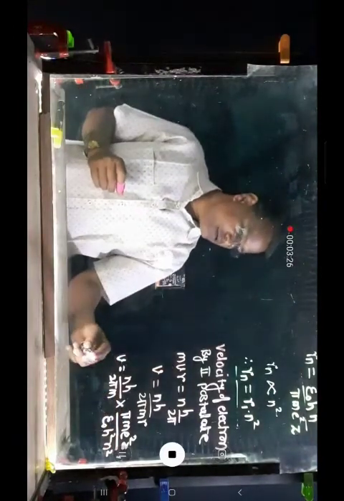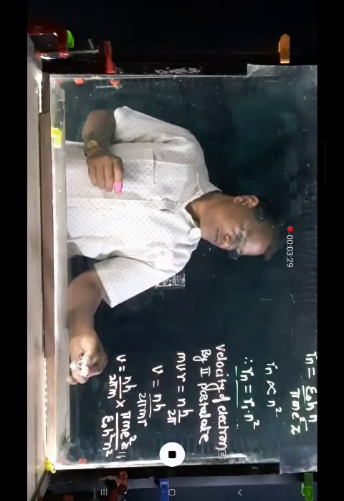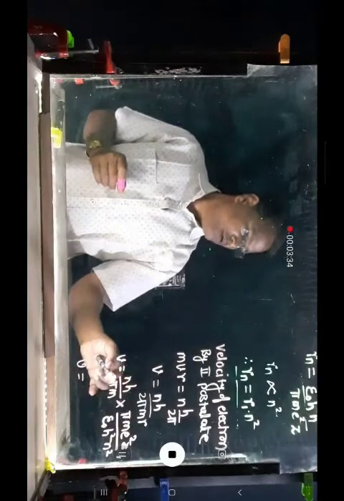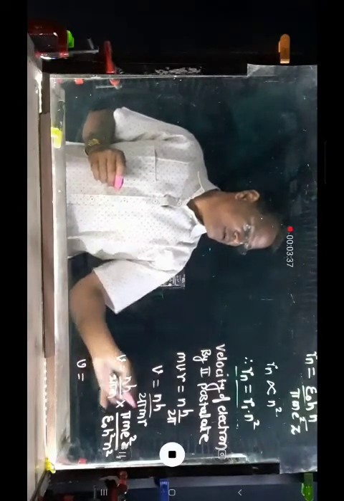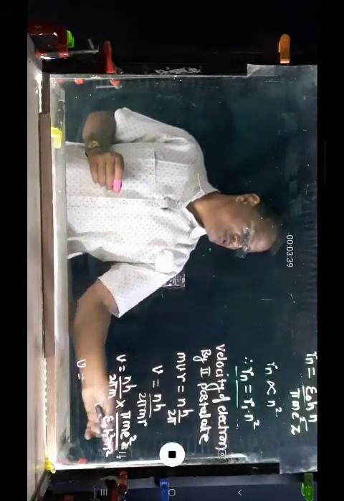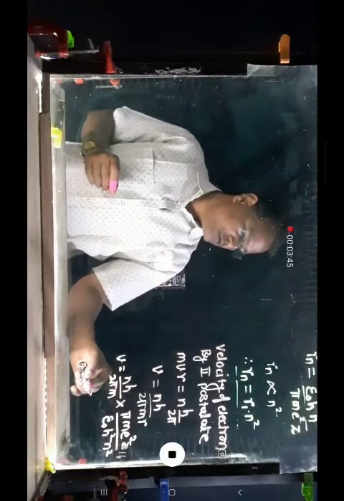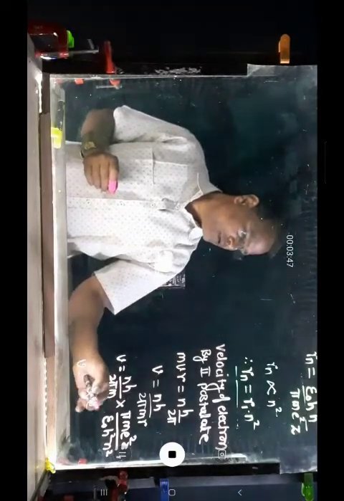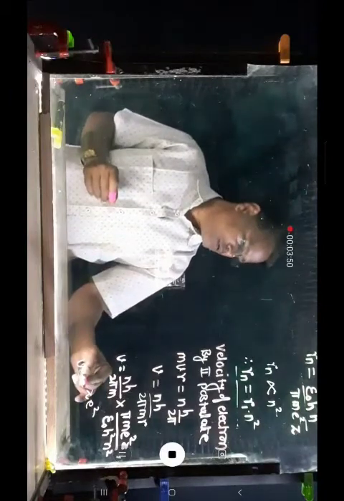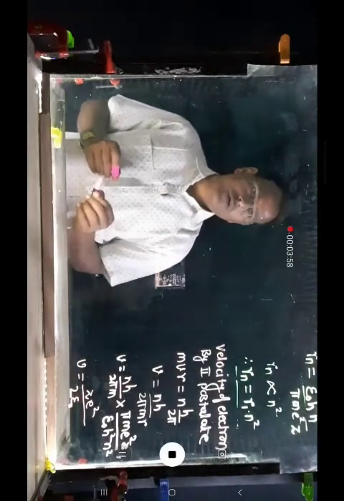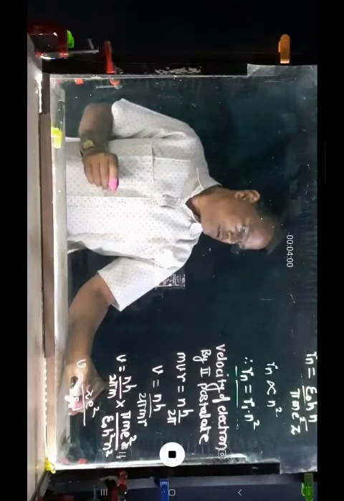So finally we can write this velocity as v equal to, here pi gets cancelled, m gets cancelled, one n h gets cancelled. The remaining part is Z e square divided by 2 epsilon naught h and n.